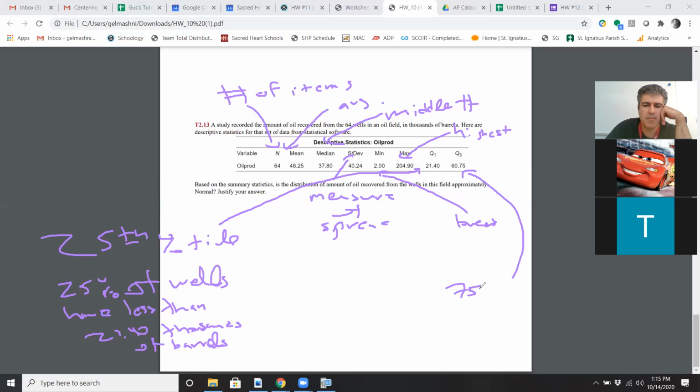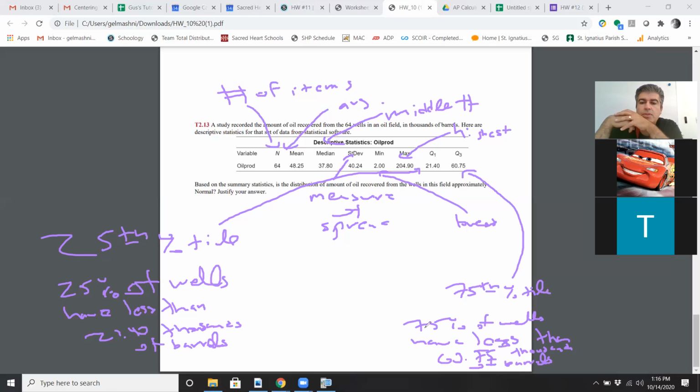And that's the 75th percentile, which means that 75% of wells have less. Now, to formalize more than, you just do the opposite, and you say 25% of the wells have more than this. And then you would reverse, and say 75% of the wells for the Q1 have more. But I'm just going to keep it as less, have less than 60.75 thousandths of barrels.